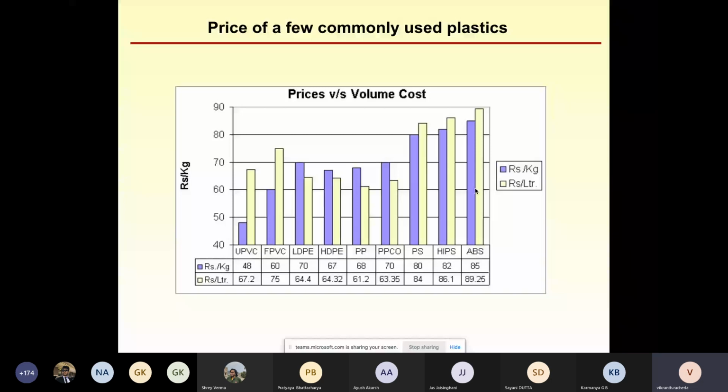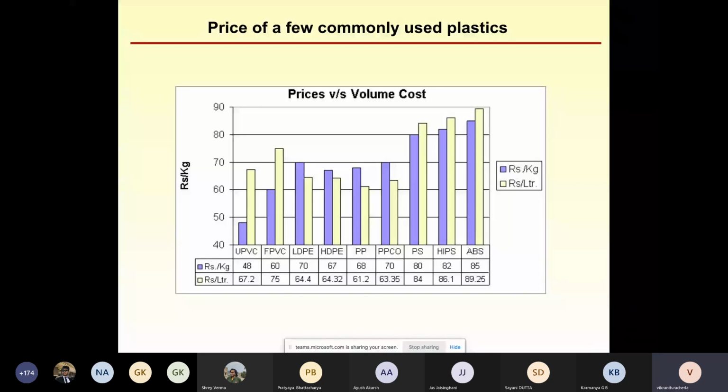If you look at the per kg basis, the cost of the commonly used plastics is somewhere about $1 to $1.50. Most of them, the bulk material cost is less than 100 rupees per kg, and because their density is close to 1, components made out of these plastics are very lightweight, and when you look at volumetric cost, their cost is also low.